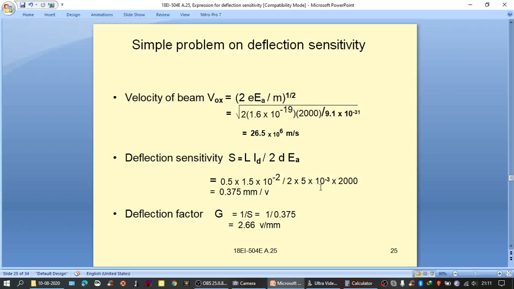If you see here, 10 power minus 3 into 2000 is simply 2. 2 into 5, 10 into 2, 20 in the denominator.